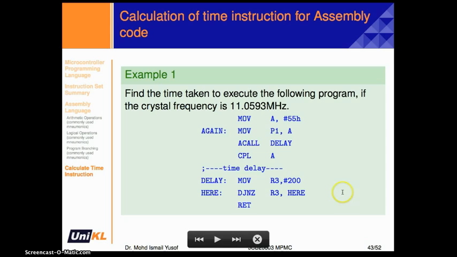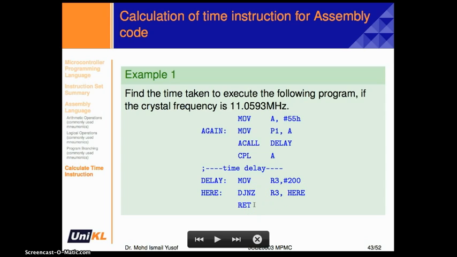What this question asks us to do is calculate the time delay generated by this portion of the assembly code if the crystal frequency is 11.0593. So we have MOV R3, #200, DJNZ R3, HERE, and then RET.